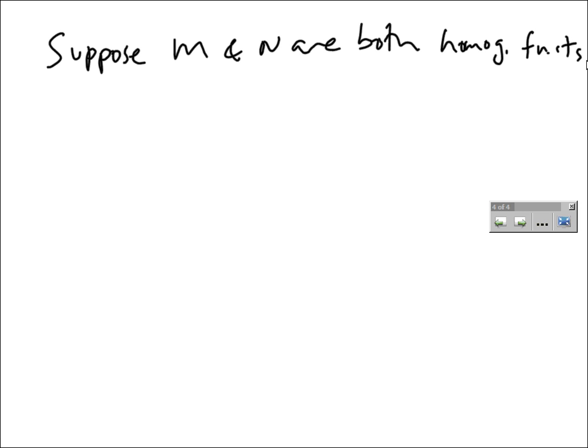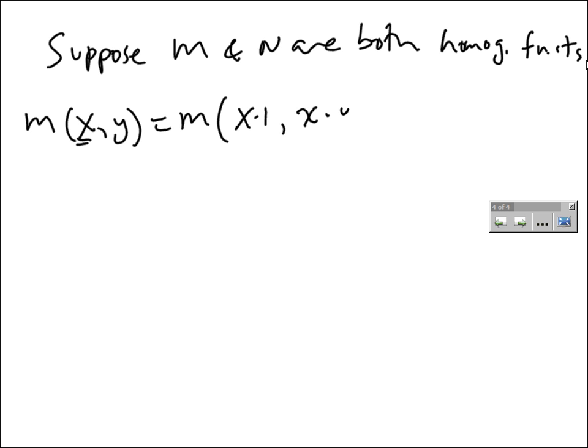We can play a game here because m of x, y is equal to m of, well, x is the same as x times 1, and y is the same as x times y over x.